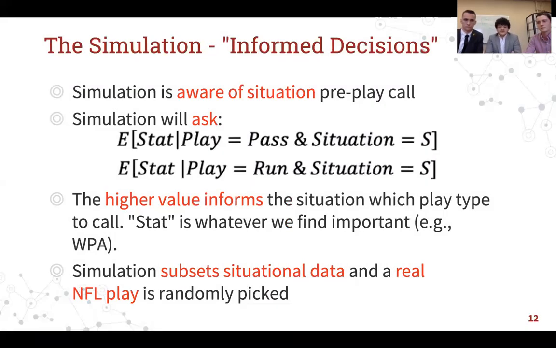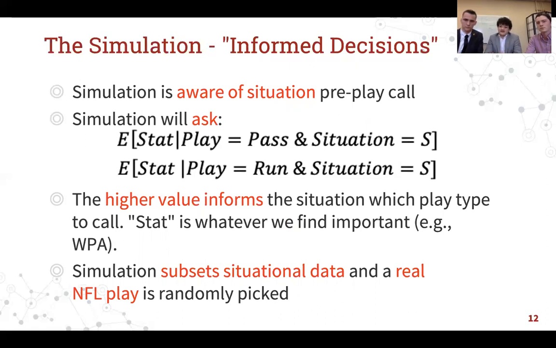So the simulation is fully aware of the situation before it calls a play. We pass that information to it. Before it calls anything, it asks the following question: what is the expected value of a designated stat? For our purposes, we used EPA or WPA, win probability added. What is the expected value of that stat given the situation that we're in and given that the play call is a pass?